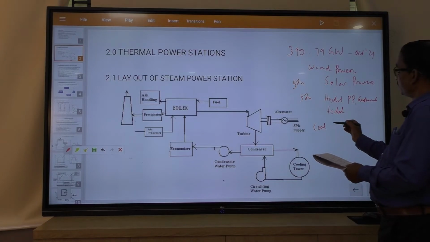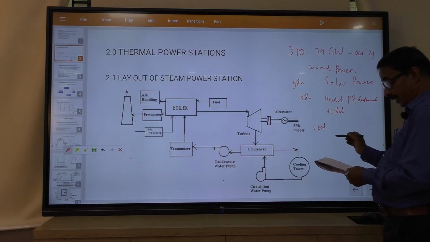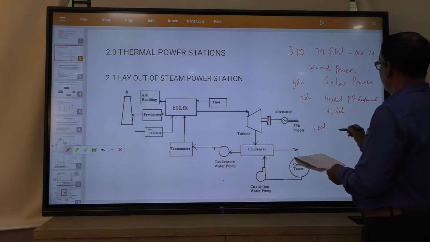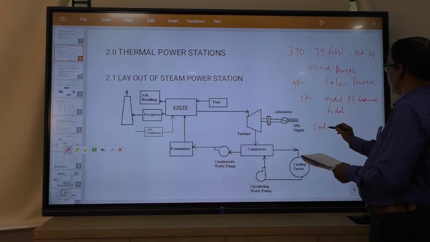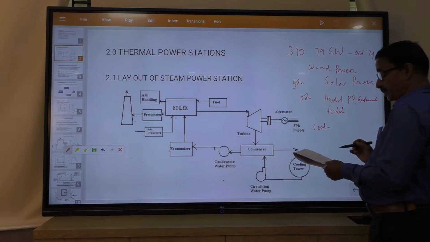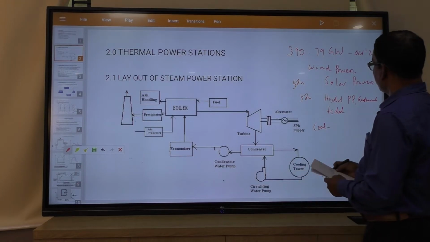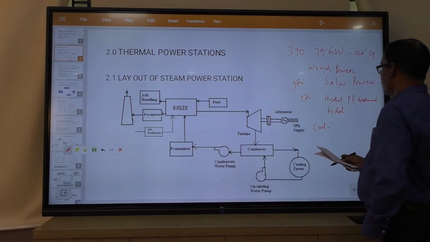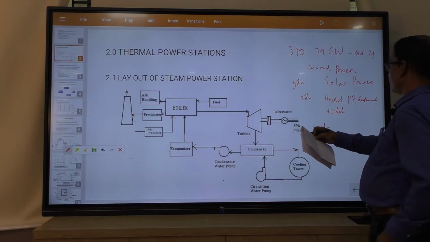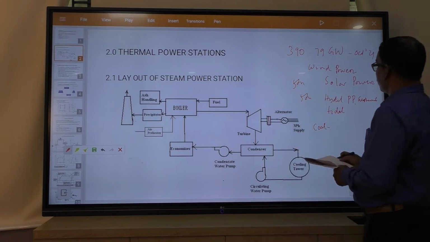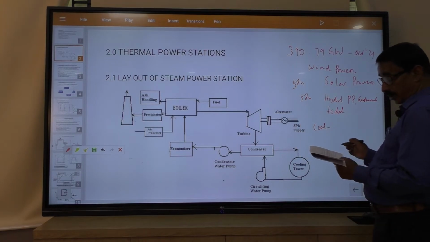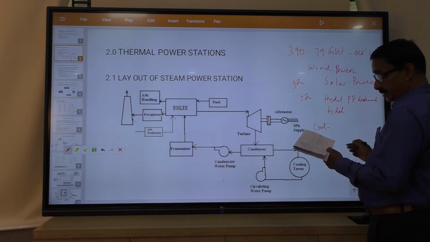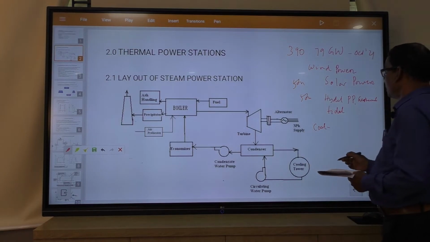In Odisha, in Talcher, we find coal based power plants, because coal is the major fuel, and the availability of water is also important, because water is the working fluid in the thermal power plant. So both are available in the Talcher area.